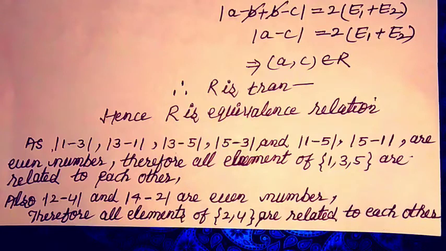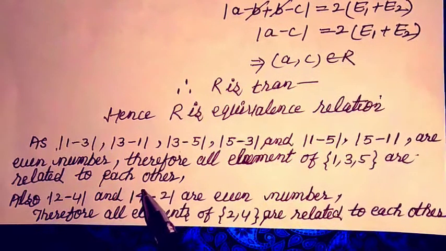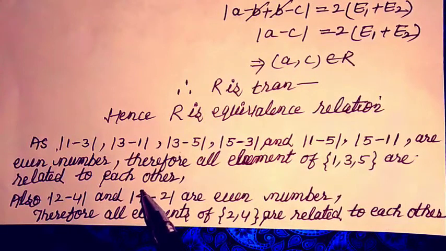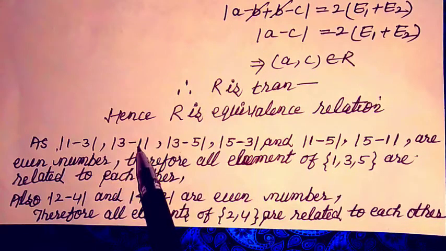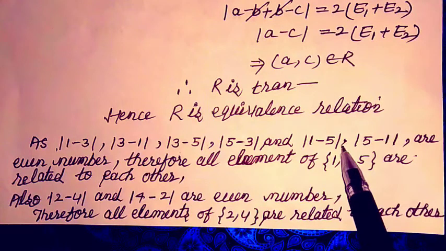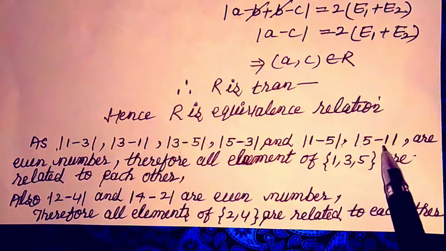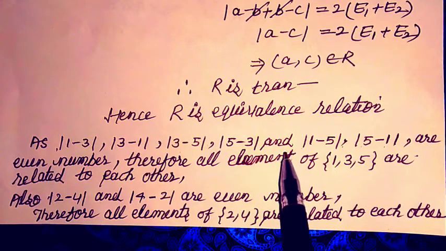Now the second part here, the elements of the set {1, 3, 5} are related to each other. So we can take here (1, 3), (3, 1), (3, 5), (5, 3), (1, 5), (5, 1). So in all conditions we will get even numbers, isn't it?